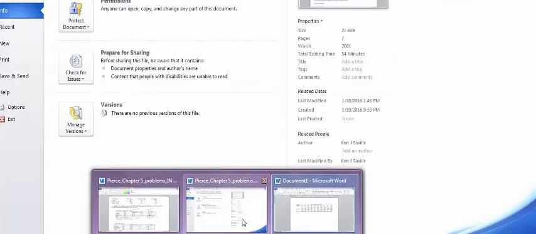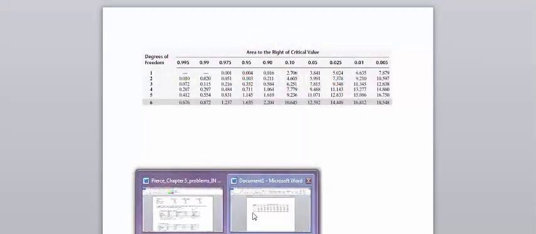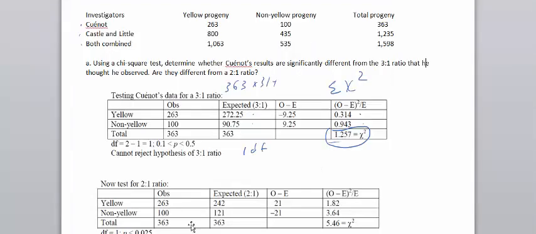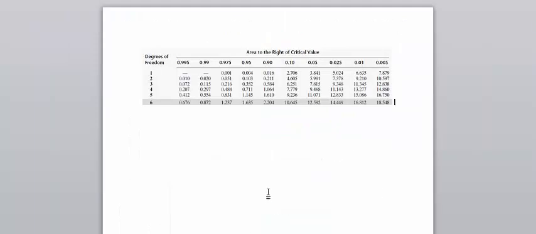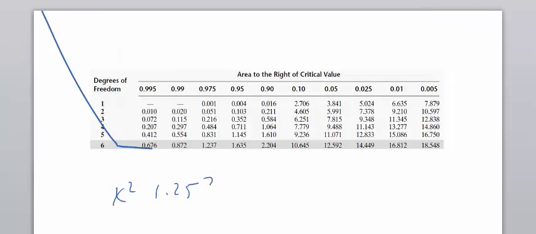And then we can go back and forth between our problems and the chi-square table. So we had a chi-square of 1.257, 1 degree of freedom, and 1.257 comes in here somewhere.